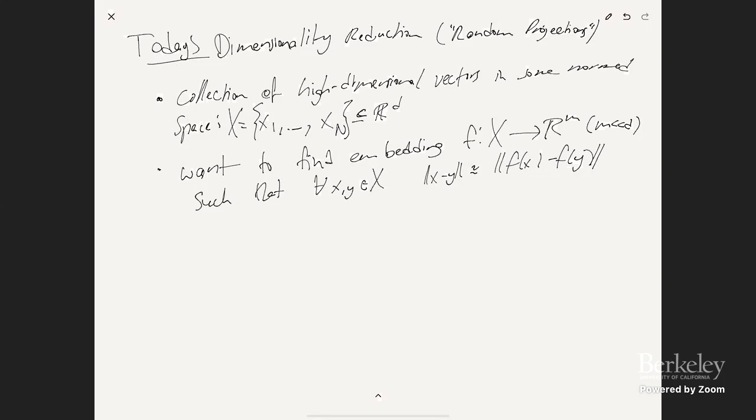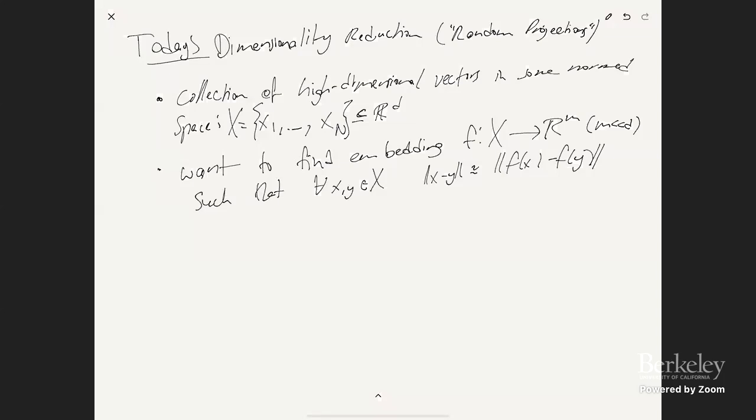But this kind of approach is more general, where it might not be about dimension. It might be about just embedding into a different normed space that's easier. So maybe your computational problem is hard in the original norm, but you can embed into some norm that is easier to work with algorithmically, right? But here we're going to focus on the case where this easier norm is just a lower dimensional version of the original one.